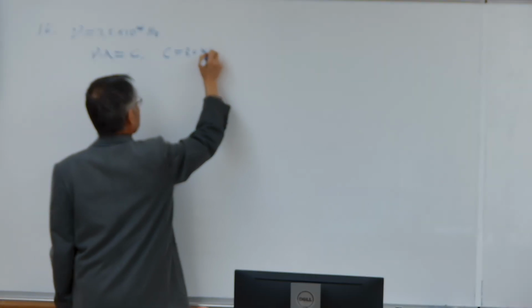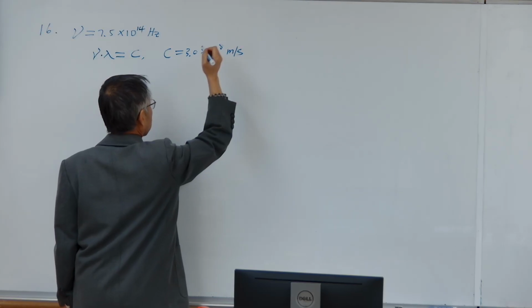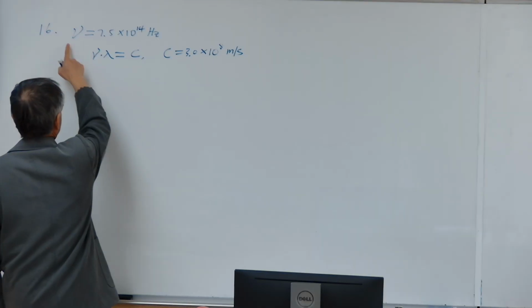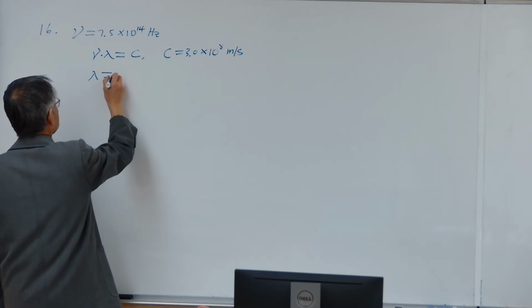So we learned at the beginning of this chapter, frequency times wavelength equals the speed of light, where the speed of light is 3 times 10 to the 8th power meters per second. So here they tell us the frequency, so we can calculate the wavelength lambda.